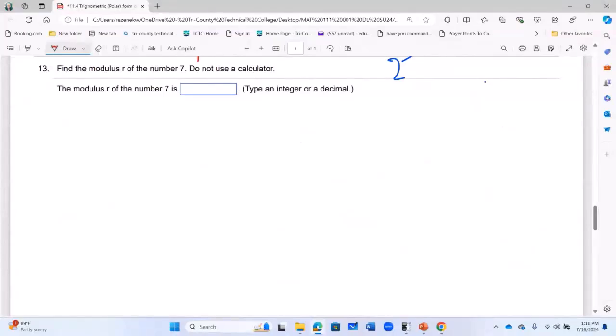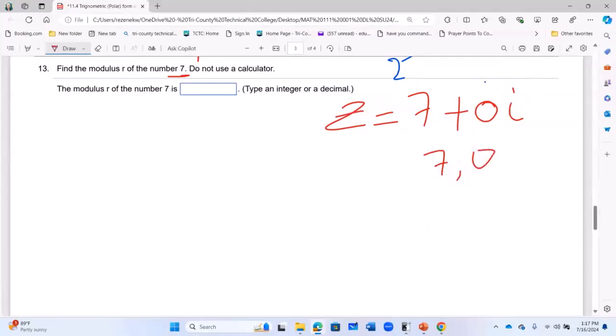For this one, find the modulus of the number 7. So first of all, I'm given z is equal to 7. The real part is given to me. The imaginary part is not, so I'm going to write 0i. In other words, I'm going to plot the point 7, 0. So I make a sketch.